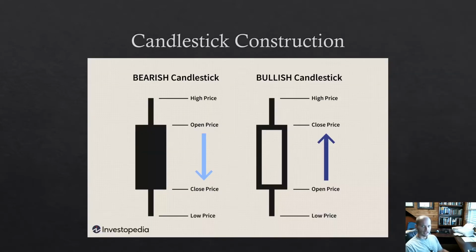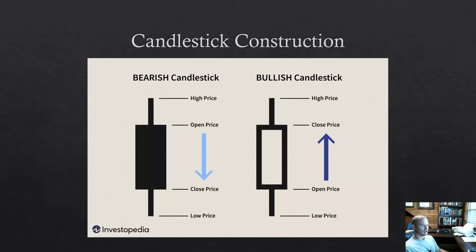So now that we got that out of the way, let's talk a little bit about candle construction. Your candlesticks are constructed in such a manner that they give you four very key items that relate to the price action, and those items are your high price, your low price, open, and close price.